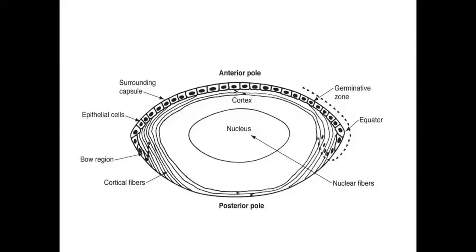We have the posterior pole down there, the part that is facing the nucleus. And then the rest is the equator. This is where the equator is, at both ends. That's where the zonules are, anchored or attached to the ciliary body, and they keep this lens hanging in its position.